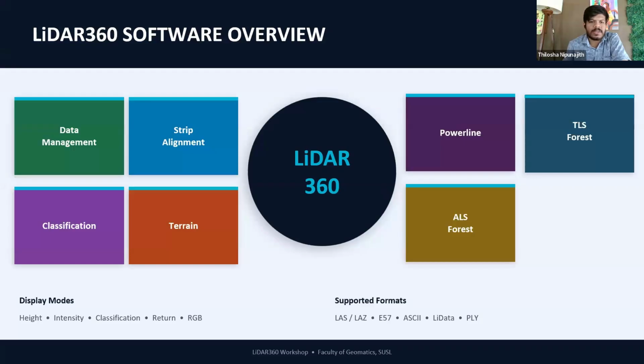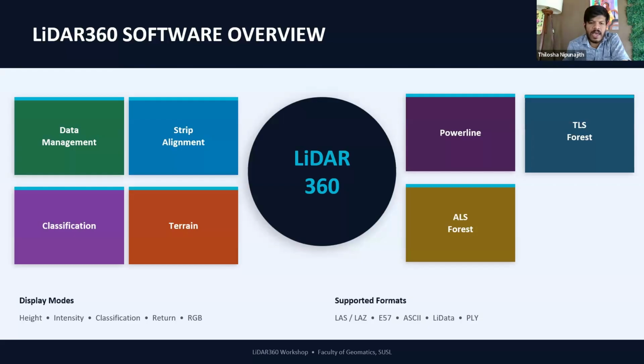So this is about the core modules of this kind of software. It's basically about managing 3D geospatial data. When it comes to data management, it can be importing 3D geospatial data, exporting, merging, tiling, or any other organization based on your requirement, such as organizing point cloud files before the process begins.